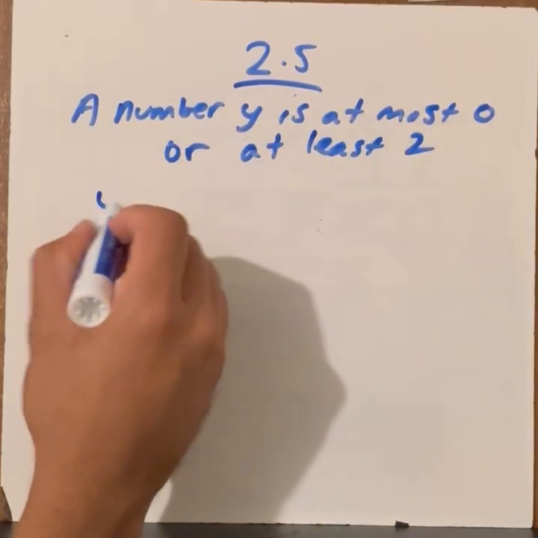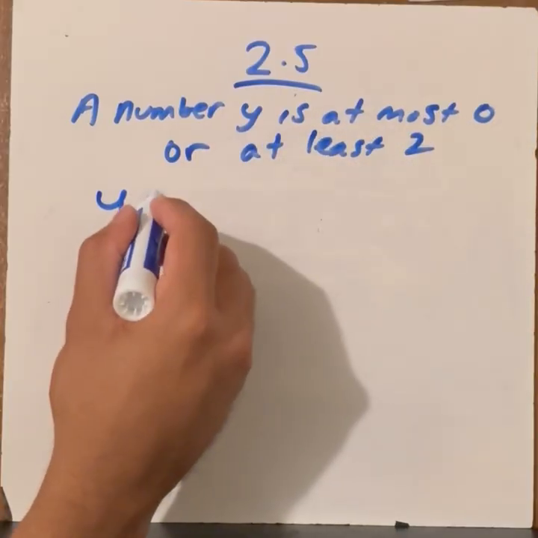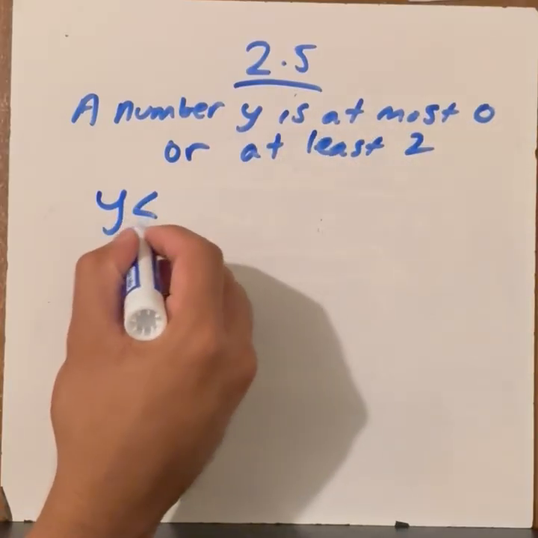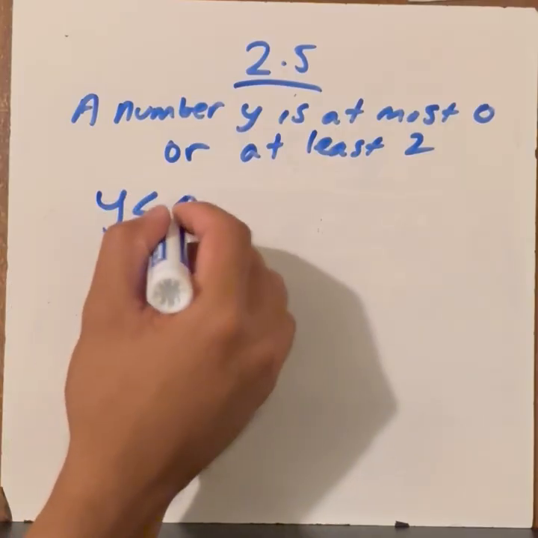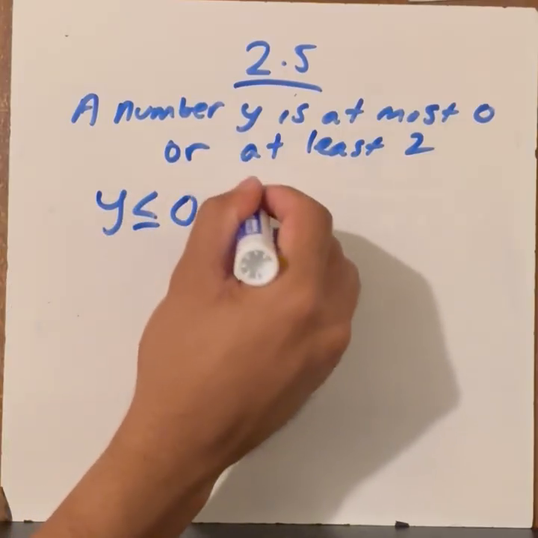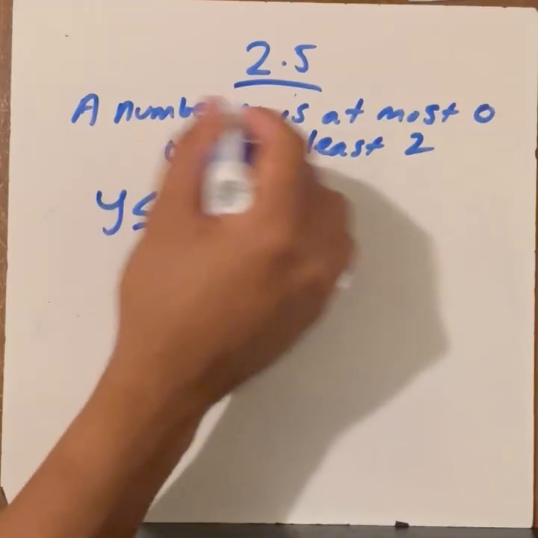So we'll say y is at most 0. "At most" is this sign. So y is at most 0, or at least 2. So y is at least 2.